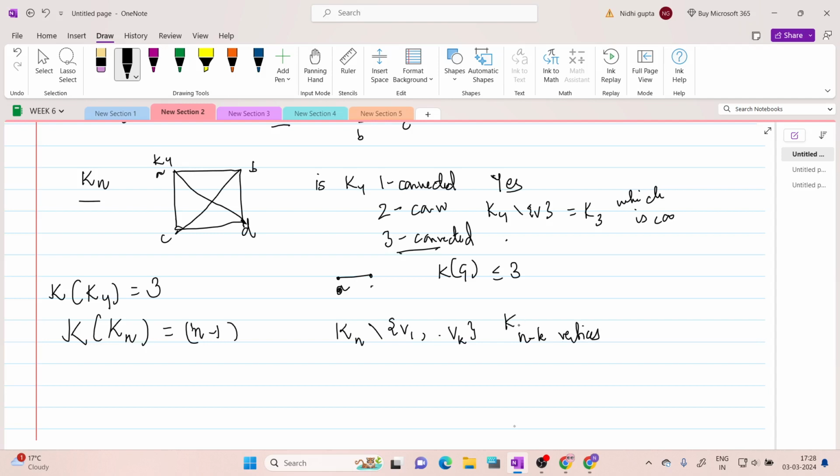We are left with K(n minus k), and since it is a complete graph, all the remaining vertices are connected to each other. So Kn minus V1 through Vk is isomorphic to K(n minus k), which is connected.